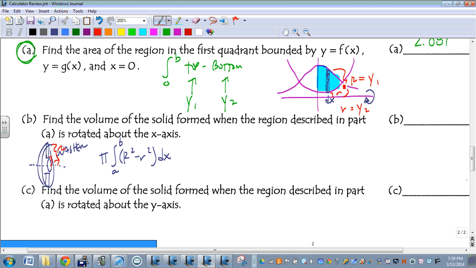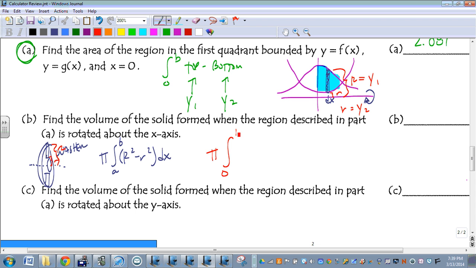And we already know we're going from 0 to b, which we already calculated at 1.199. So we can set up our definite integral. We're going to have pi times the definite integral from 0 to b. Now, if we were doing this free response, you would want to do one of two things.